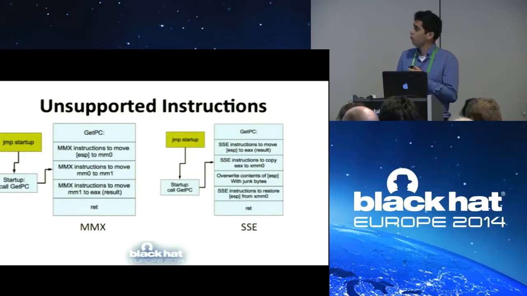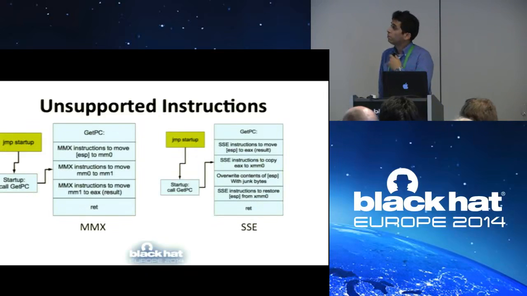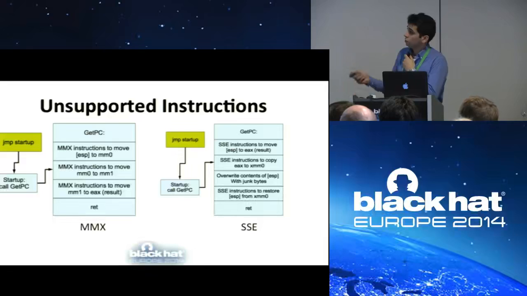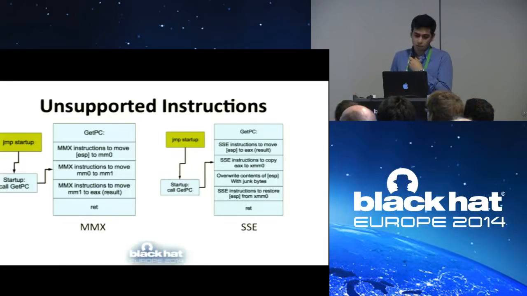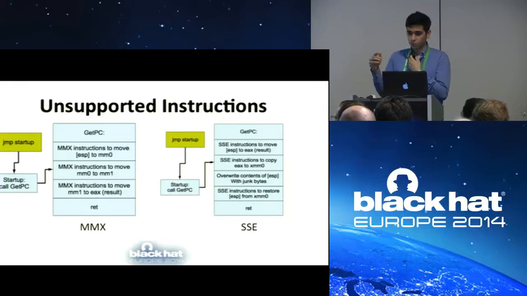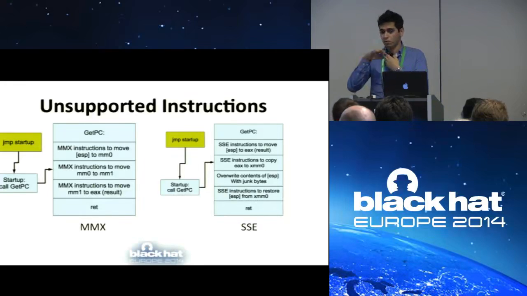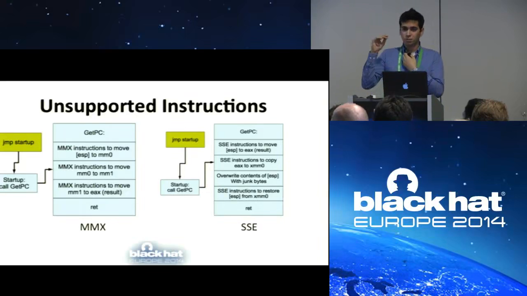How? First, let's look at the unsupported instruction using MMX. The basic idea is that we want to put the address of ESP into EAX, but we copy this data before we decrypt the shellcode, and we do it using MMX instructions.